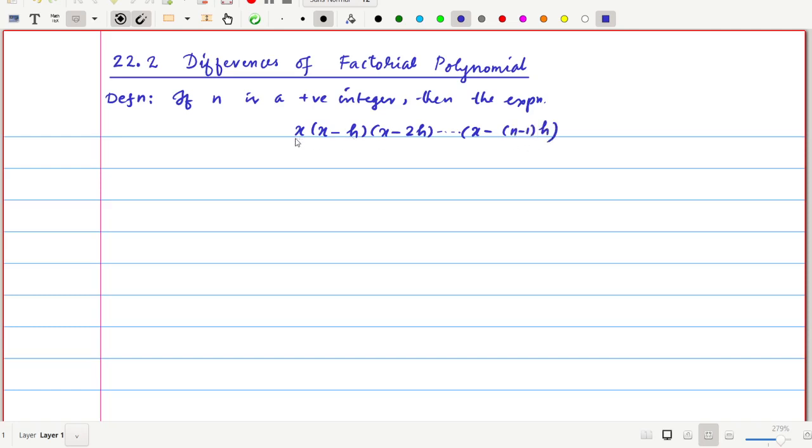So this is the product of n factors. That means this contains n factors beginning with x and decreasing by h every time, and this is called a factorial polynomial.